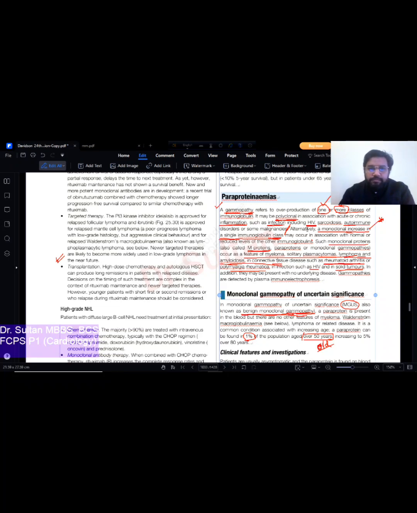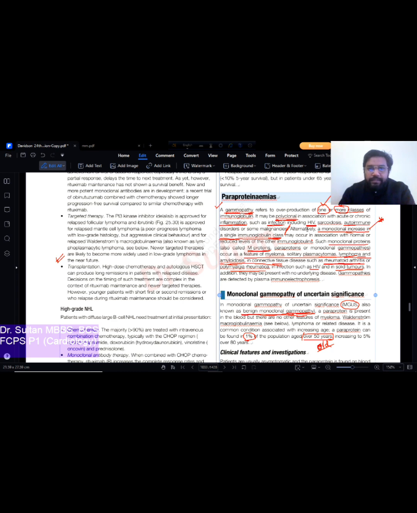Multiple myeloma is one of the challenging diseases to diagnose in clinical practice. After differentiating it from other similar diseases like monoclonal gammopathy of undetermined significance, that is MGUS, smoldering multiple myeloma, etc., and Waldenstrom macroglobulinemia also.